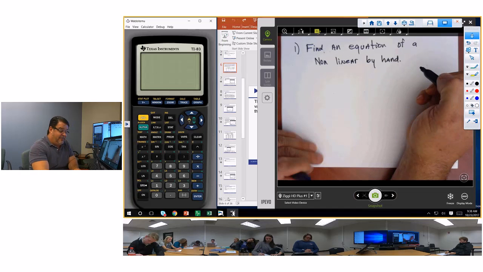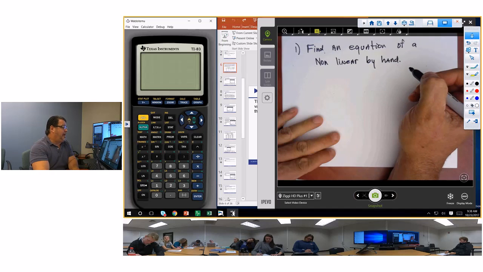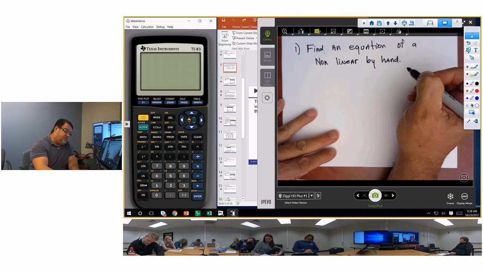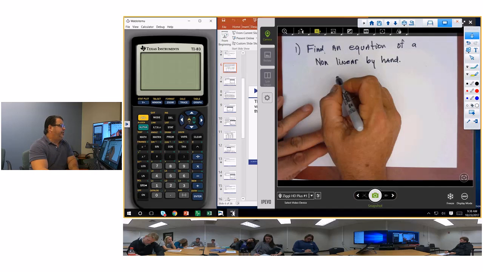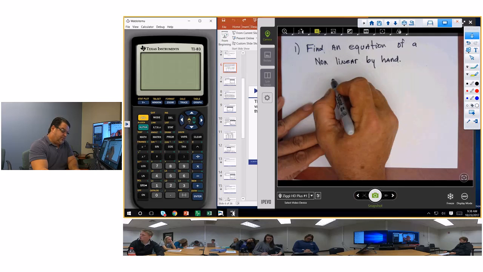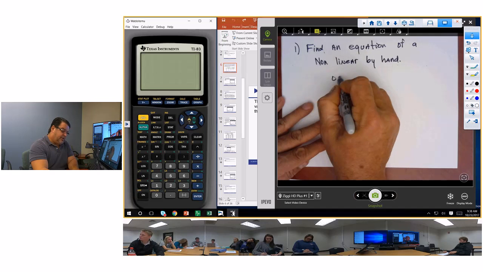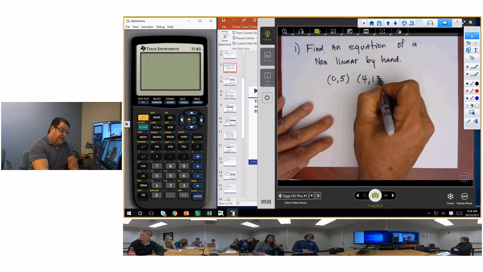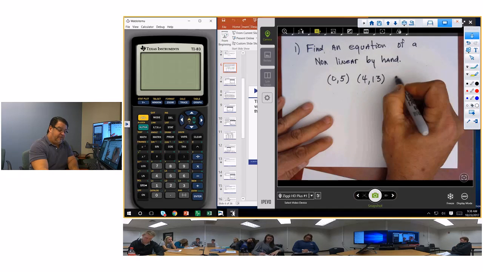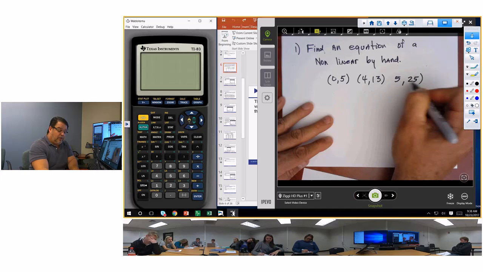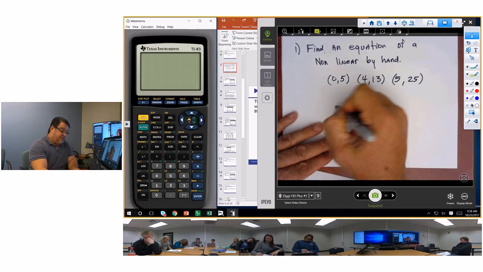Okay, now if I give you one by hand, then that means there has to be a 0 in there somewhere. The other day we had 0, 5 or something like that, and a 4 and 13 and a 5 and 25 or something like that. Okay, now this is the key right here.